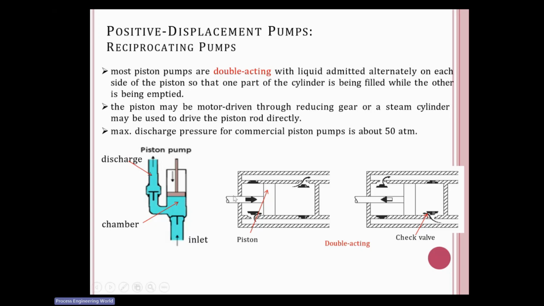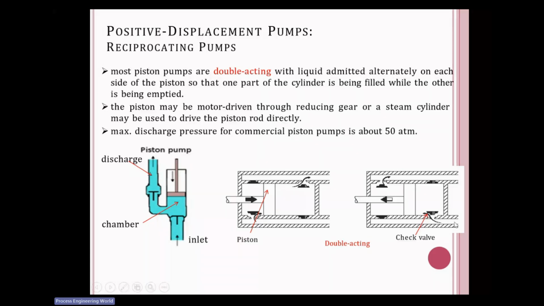See, here when the piston is moving forward, your check valve for the discharge side is open, you are getting the discharge, and the check valve of this suction side is open and you are getting the suction. And when it goes back again, the discharge valve on the other side is open and the suction valve on the other side is open.